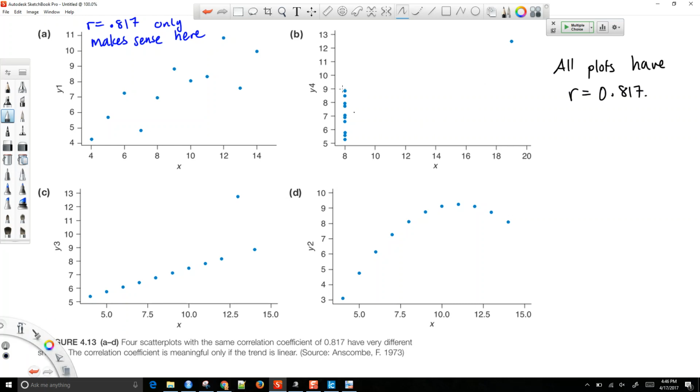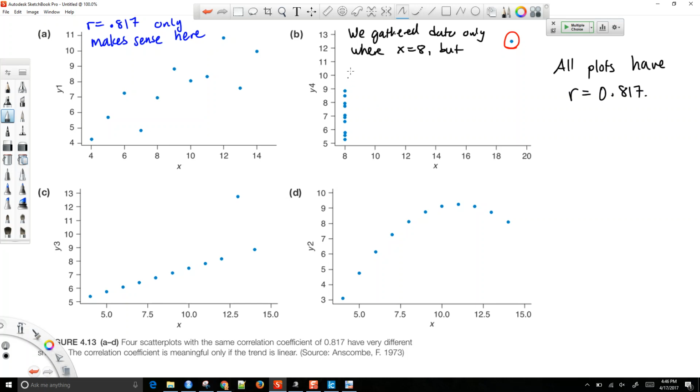Over here, basically, we've gathered data only where x is equal to 8. But we have one outlier out here, and this is the only point that establishes the correlation.